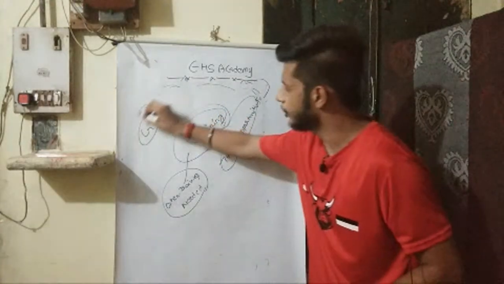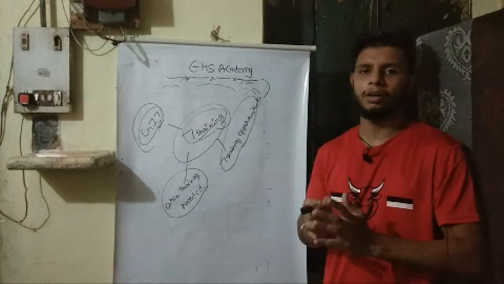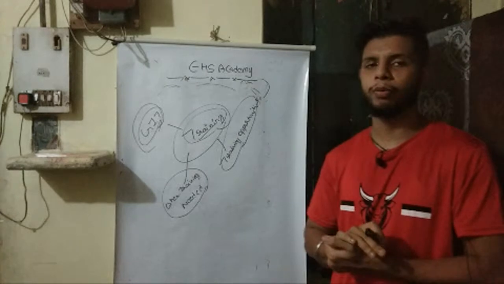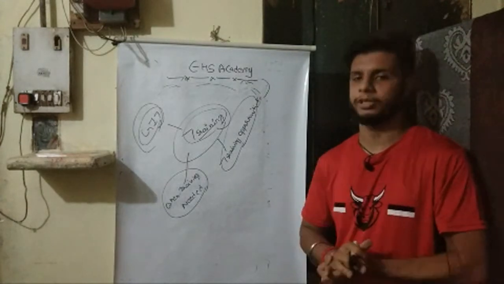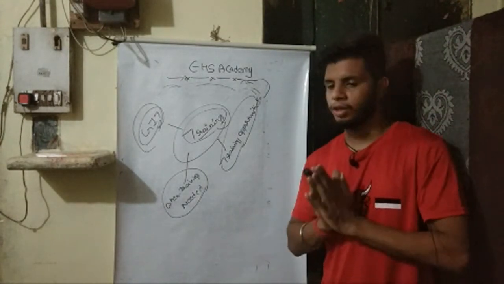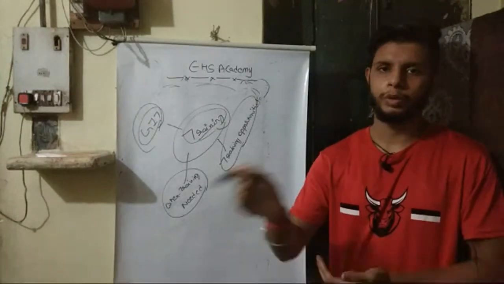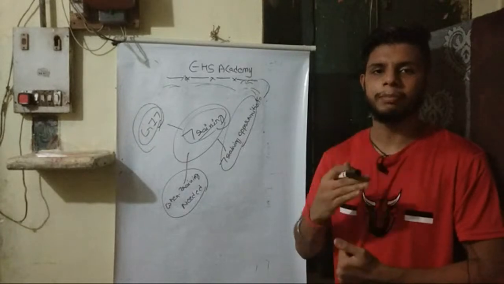What is the meaning of GIT? General induction training. Some of you may know induction training already, but those who are newcomers may not. Induction training means whenever any new person comes to our workplace, we need to give him induction training.